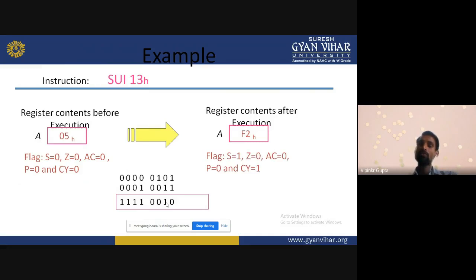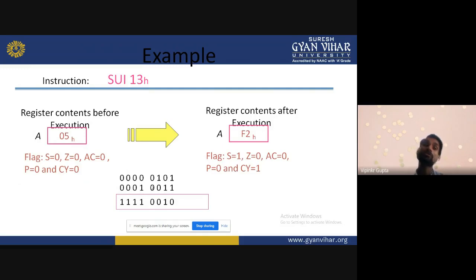So now what is the flag value? Sign flag value is 1. Zero flag: all values are not 0, so zero flag is 0. Auxiliary carry: D3 bit is not taking the borrow from D4 bit, so auxiliary carry is 0. Parity flag: number of ones is 5, so it's 0. Carry flag is equal to 1. Carry flag is 1 because we are taking 1 borrow.